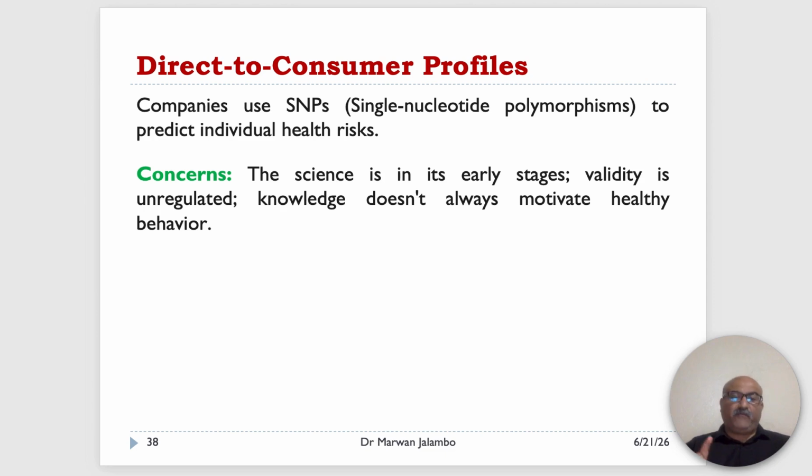However, from a public health perspective, there are massive concerns. The predictive science is still early. The industry lacks strict regulation, and studies show that telling someone they are genetically at risk doesn't usually motivate them to change their unhealthy behavior.